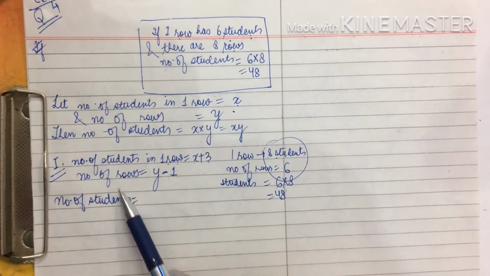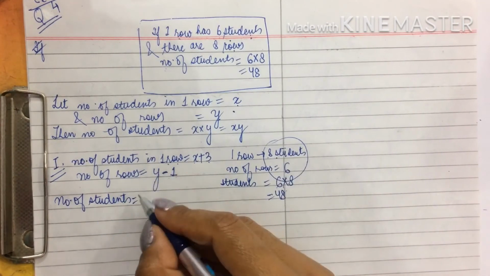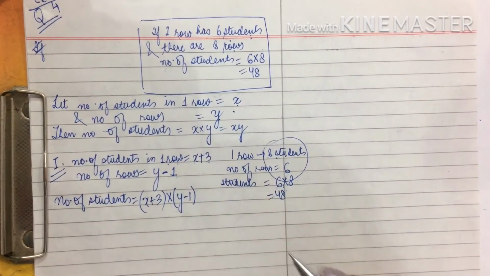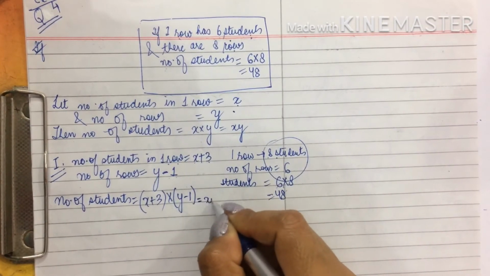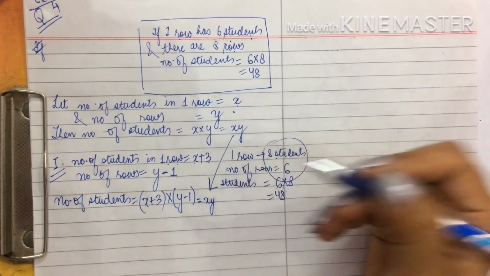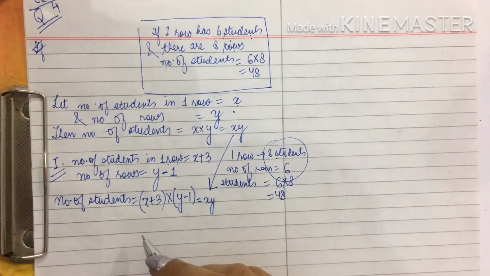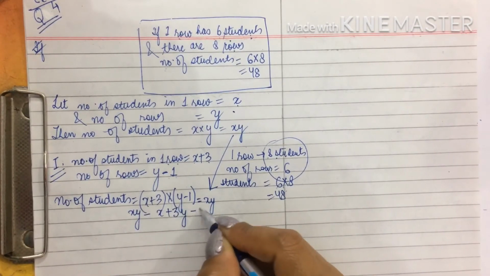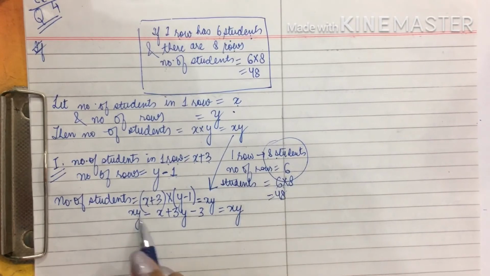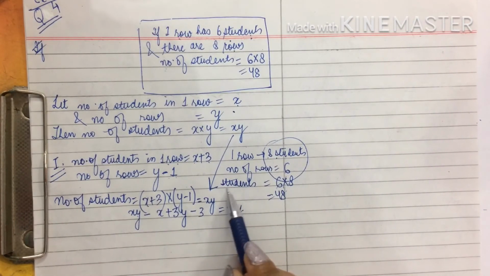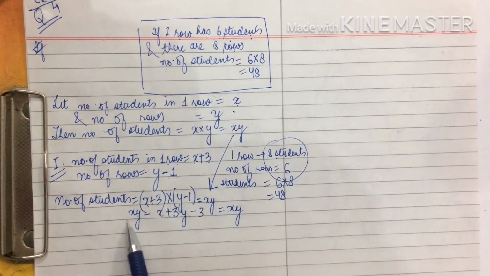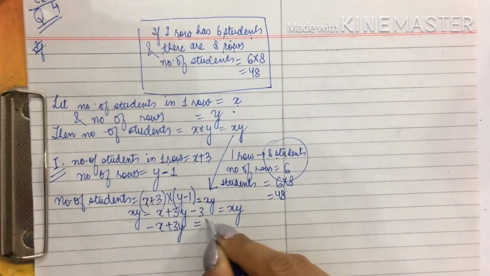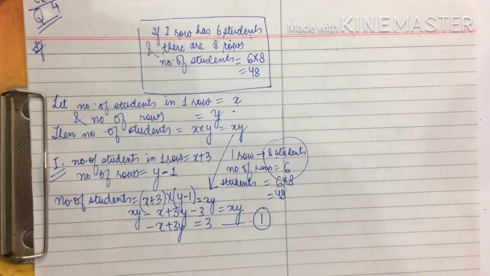To calculate the number of students, we multiply these two. So the number of students in one row multiplied with the number of rows should be equal to xy. Simplify: xy minus x plus 3y minus 3 equals xy. The xy will get cancelled. You will be left with minus x plus 3y equals 3. This is equation number 1.